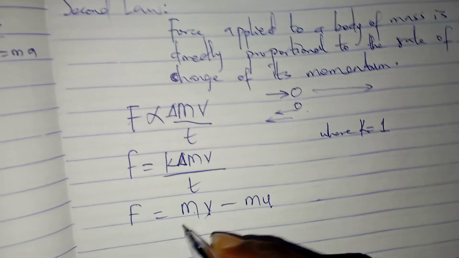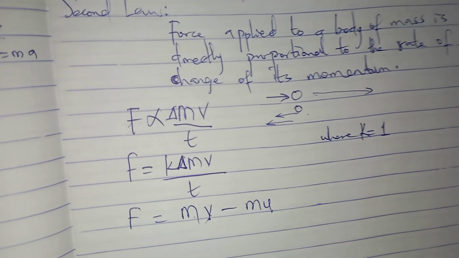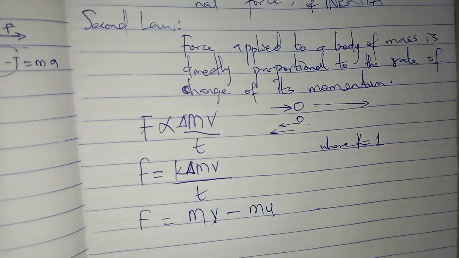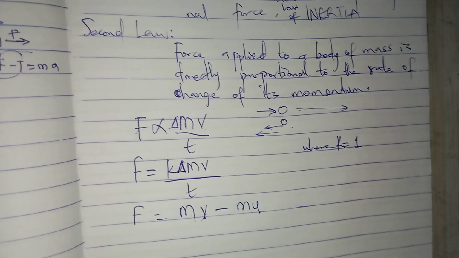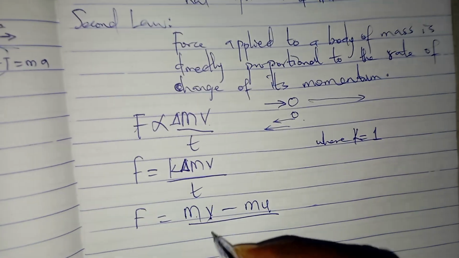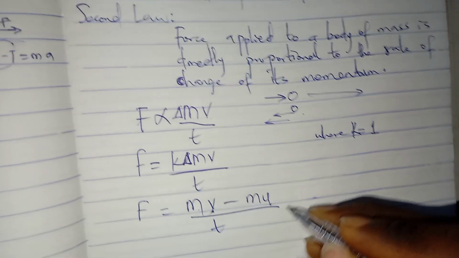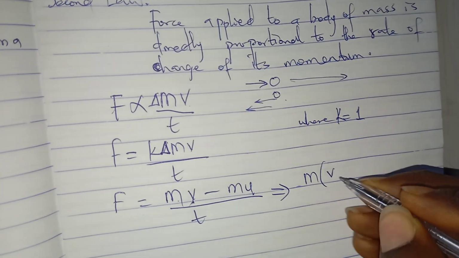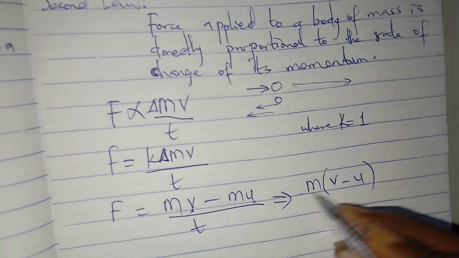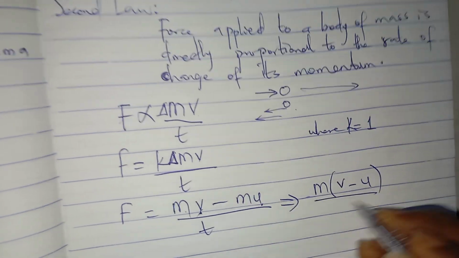Notice that the mass is the same. Whenever you're talking about momentum, it's just one mass. If it involves two masses, that means you've started talking about collision of bodies or conservation of momentum. So all over T. And this can also be written as m(v minus u), because if you multiply it will be the same thing, all over T.